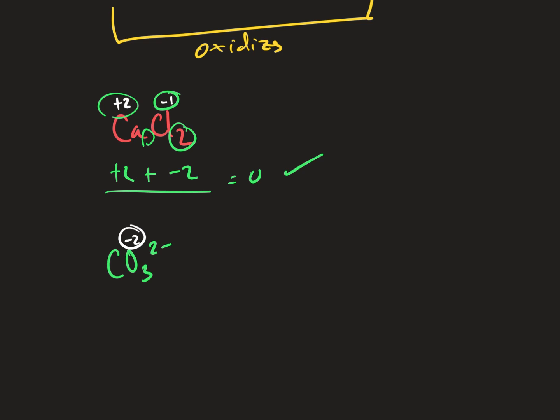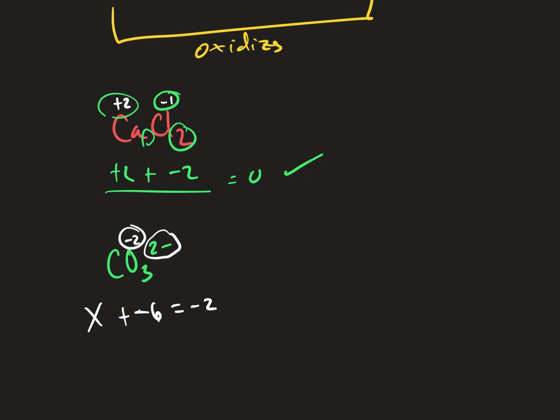Okay, so we have oxidation number of -2, and there's 3 oxygens. That's a total charge of what? -6, plus whatever it is for carbon we can call X. You guys okay with X? And what's that going to equal? The charge of our compound in this case is -2.